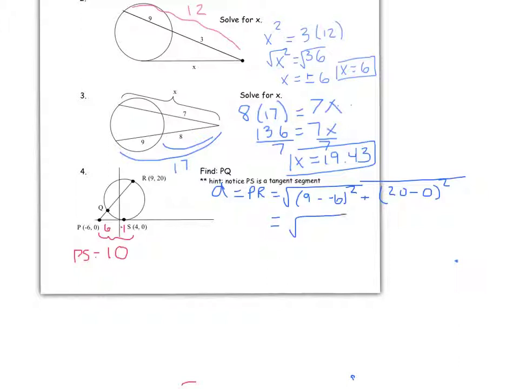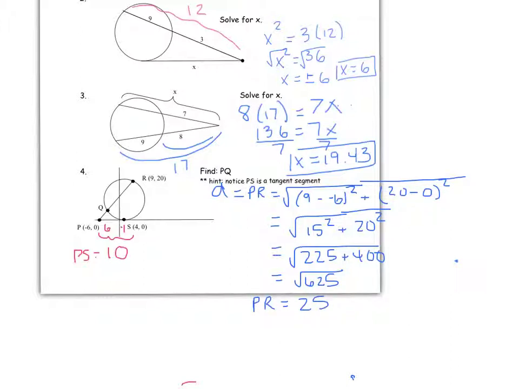Okay, 9 plus 6 is 15 squared. 20 minus 0 is 20 squared. So we're looking at the square root of 225 plus 400, which is the square root of 625, which equals 25. So now we know that PR, the whole thing, has a distance of 25.